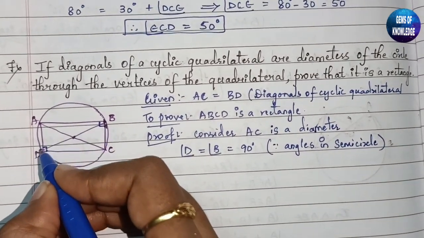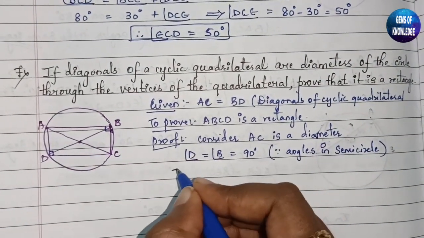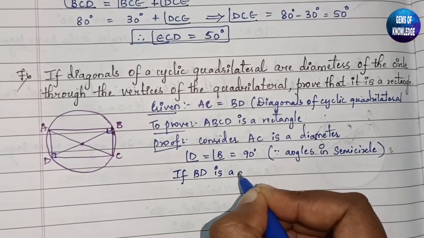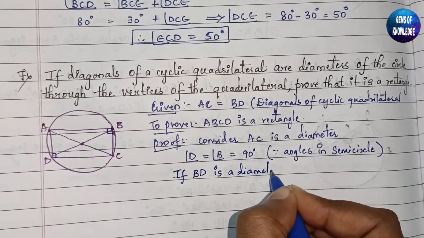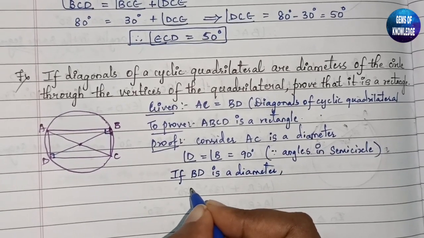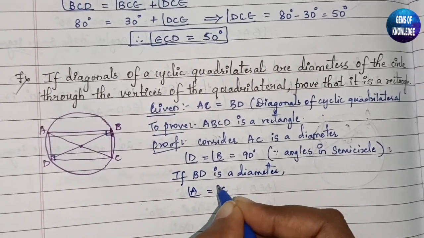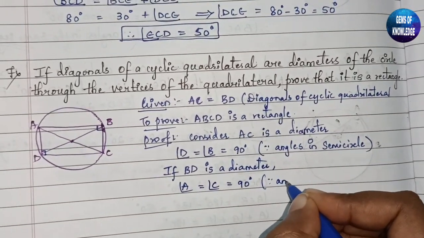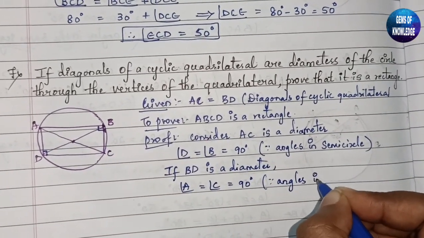Now if we consider BD is a diameter, then we can say that angle A is equal to angle C is equal to 90 degrees, for the same reason, that is angles in the semicircle.